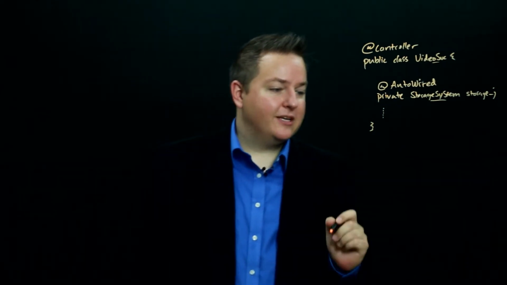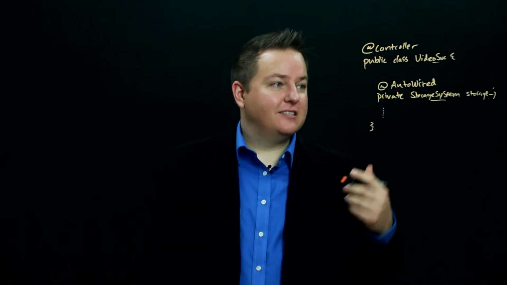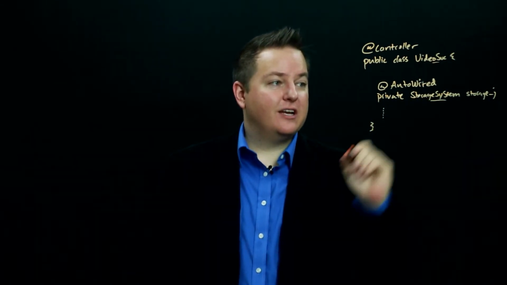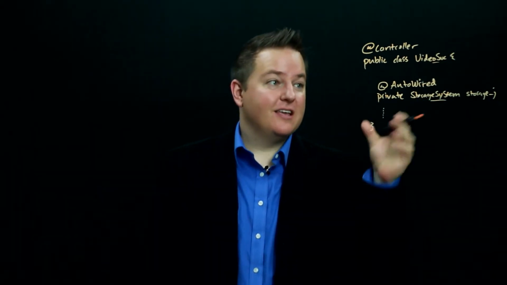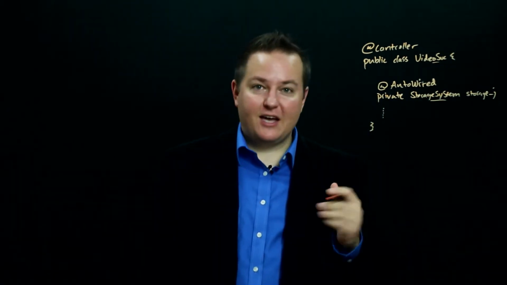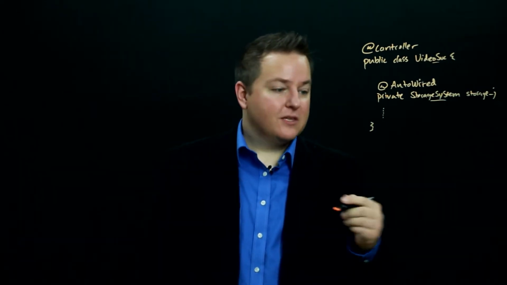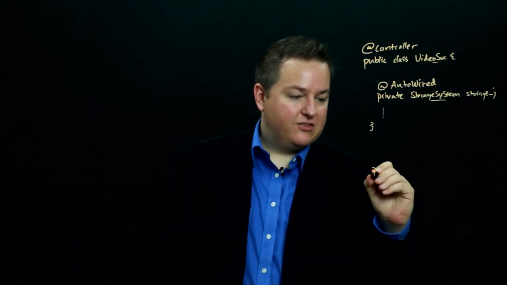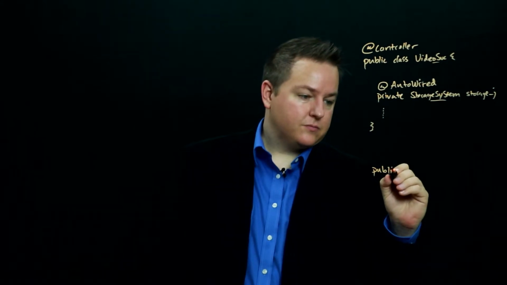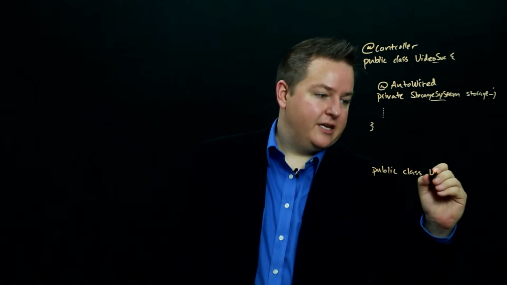So in Spring, we can create a class that defines the mappings between the actual concrete implementations of the different interfaces that our controllers and other objects depend upon, and the actual specific class that we want to use for that interface. So to do this, we can simply create a class. We'll call this VideoConf.